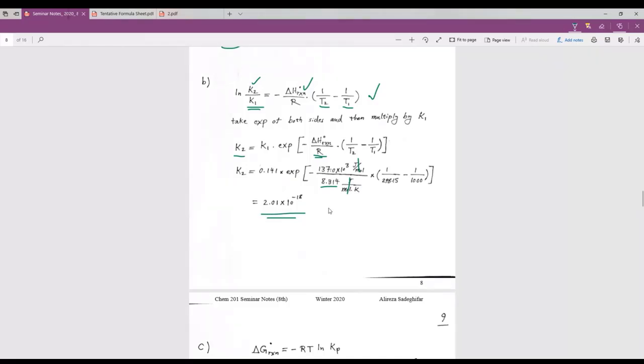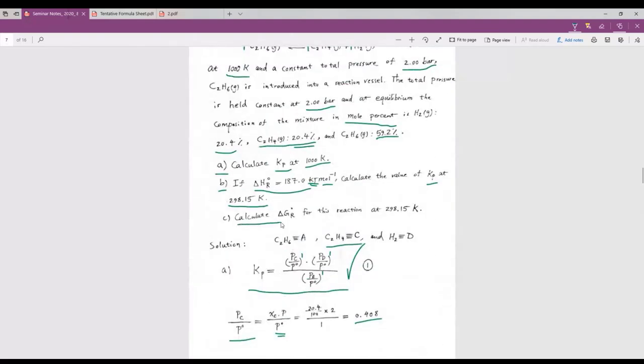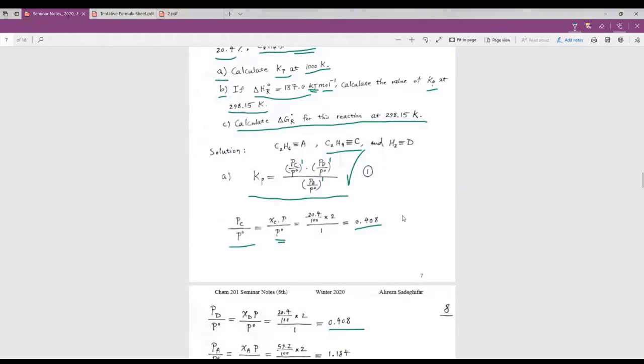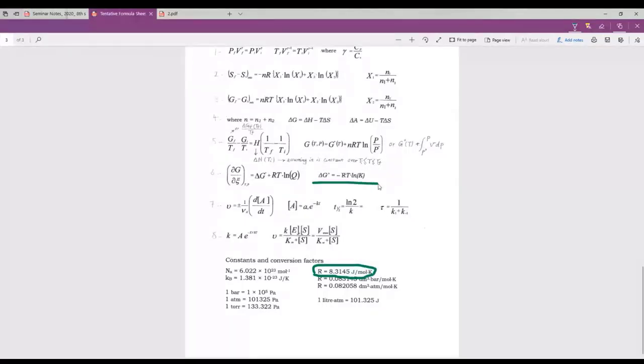And then what is next, which is the third step, calculate delta GR for this reaction at 298.15 Kelvin. Again, if we go back to the options that we have to calculate delta GR, because the system is at equilibrium, one of the options that we have is this equation here.